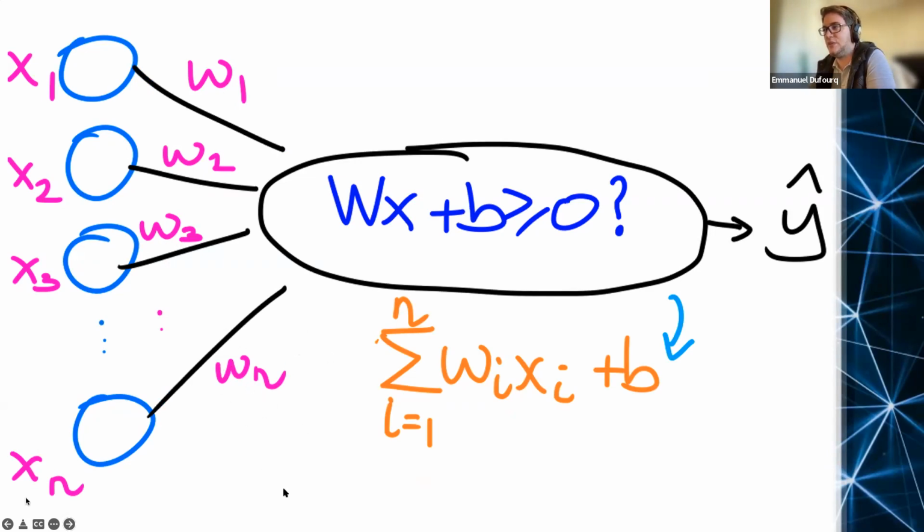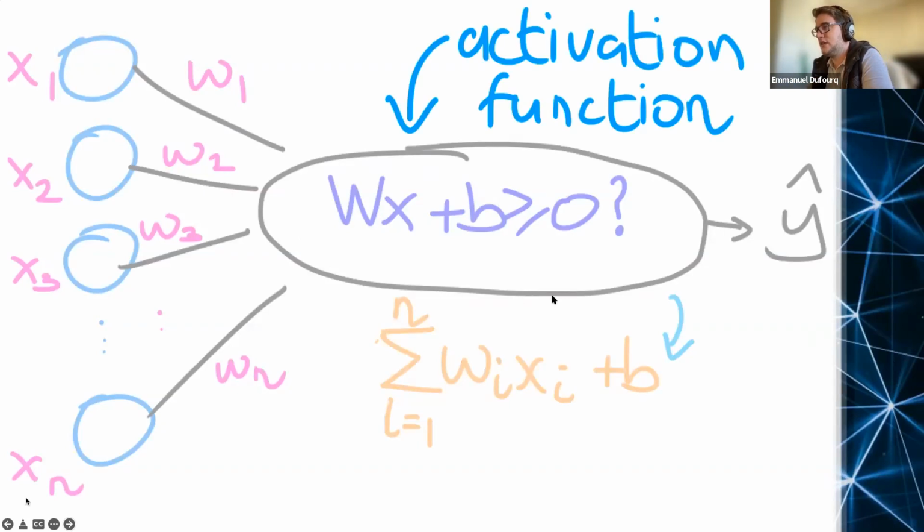And of course, there should be a bias. I didn't draw the bias here. So then our model becomes wx plus b, is that greater or equal to 0? So we can write it as just the sum of wi xi, where i is equal to 1 up to n, plus b, and we're asking ourselves, is that greater or equal to 0?